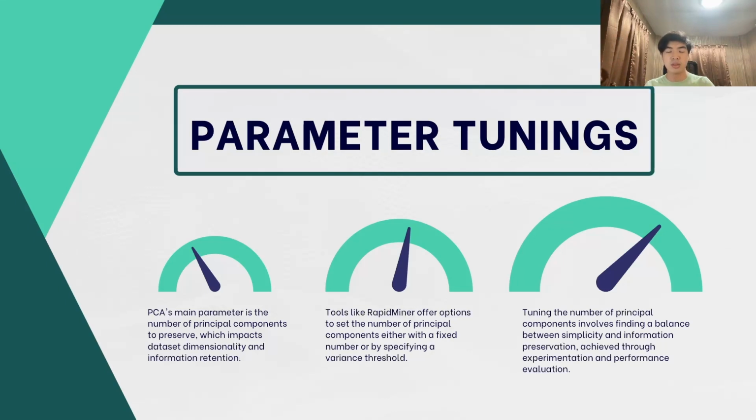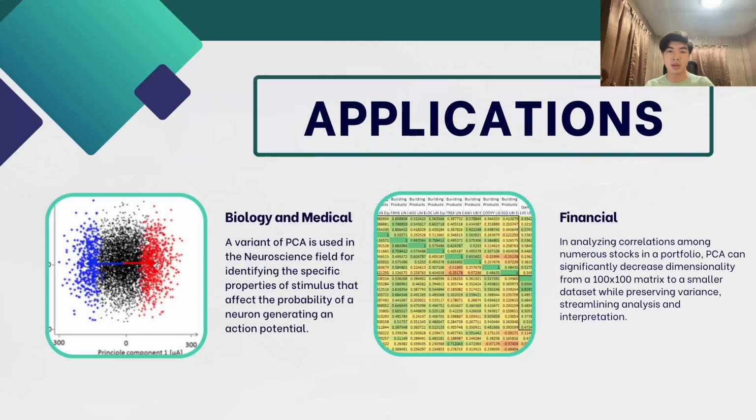Tuning the number of principal components involves finding a balance between simplicity and information preservation, achieved through experimentation and performance evaluation.